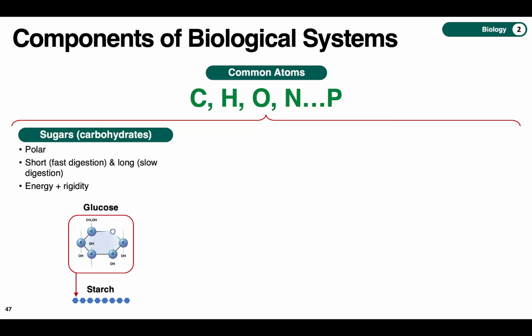Another long carbohydrate is cellulose, that basically is found in the leaves of fruits, of vegetables, of trees, etc. And the main energy source for most organisms is then carbohydrates. Long carbohydrates also have the rigidity that's important for building the backbone of DNA. So the backbone of DNA is made of those long carbohydrates, and also is a structural component of plant cells like cellulose that we just spoke about.